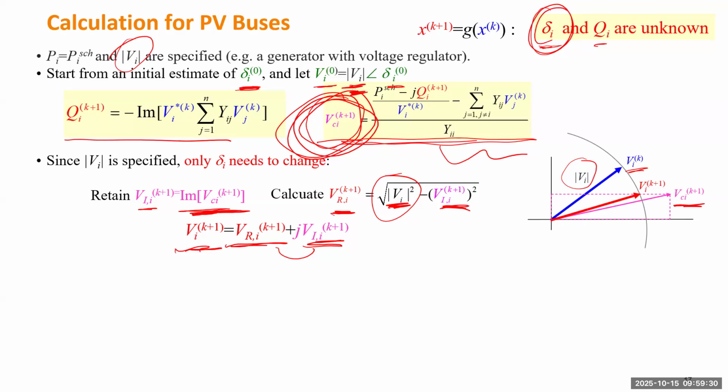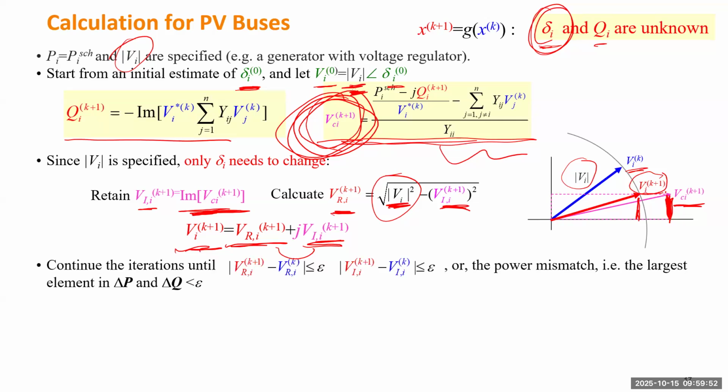So we only take the imaginary part, and using this imaginary part, it's like we move the head of the arrow along this horizontal line, keeping the same imaginary part, until we reach the point that stays on the circle. That will be the new value, so we keep this value.